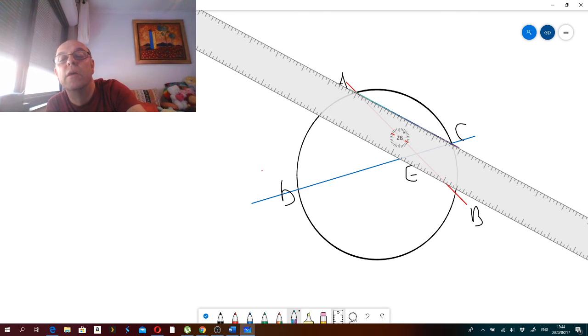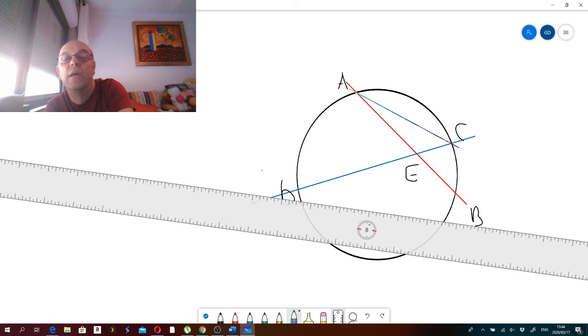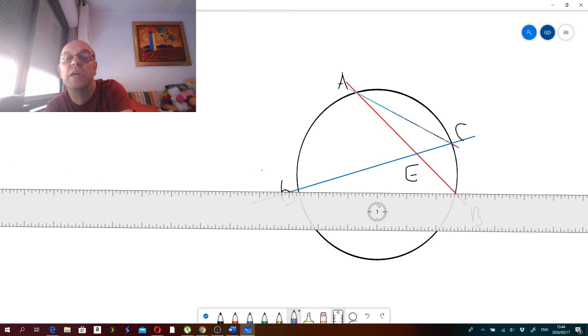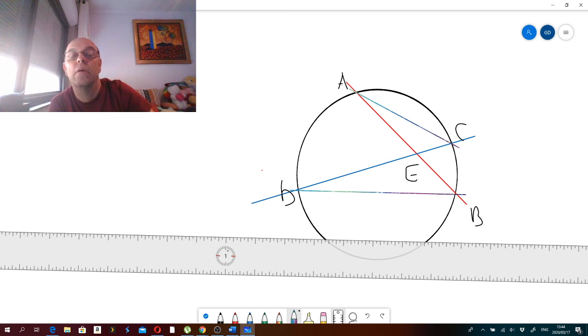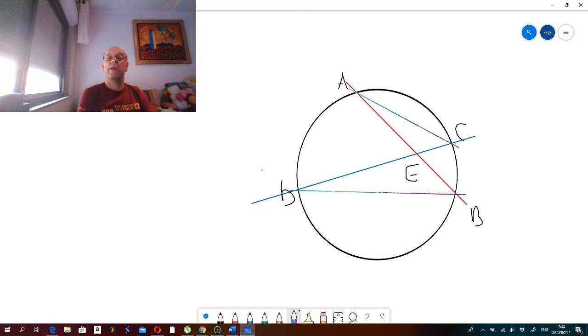So there's the one triangle, and we'll draw the other one over here. Right, okay, and that gives us two triangles. Now we've got to prove that the two triangles are similar. Okay, so let's see, what do we have that proves that they are similar? They don't look similar, do they?